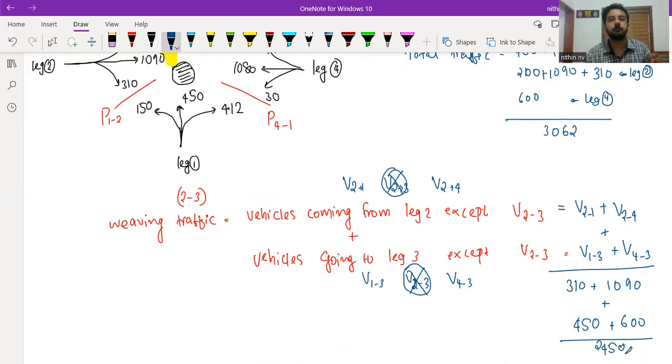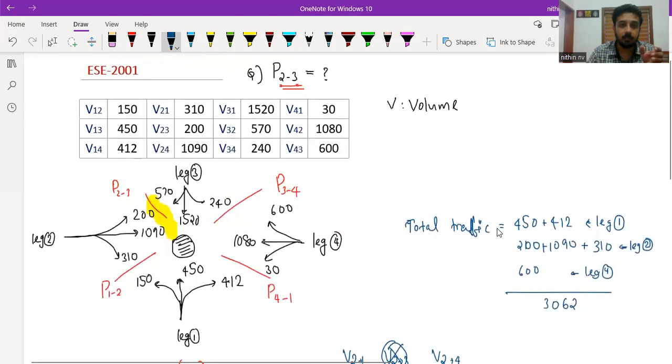That's it. Simple. Understanding? Don't think that whenever they give you data in the form of a table, we need to draw like this. No, not needed. Once you solve a question like this, the next time you can easily do it without drawing the picture. Or if you draw it, it will be easy for you. You're not going to make any mistake.